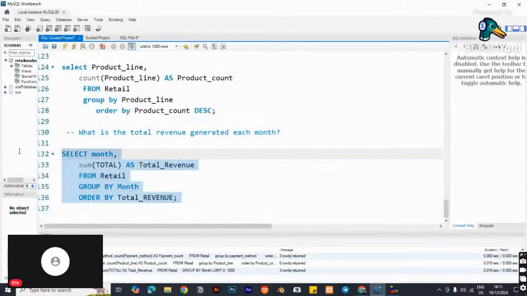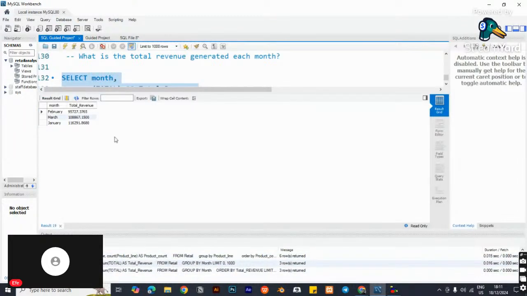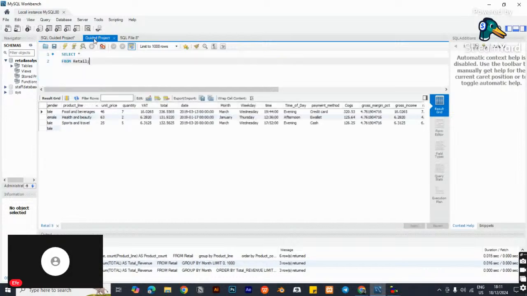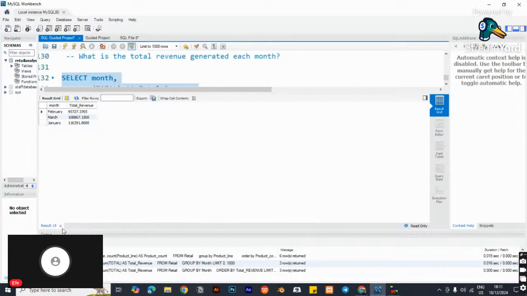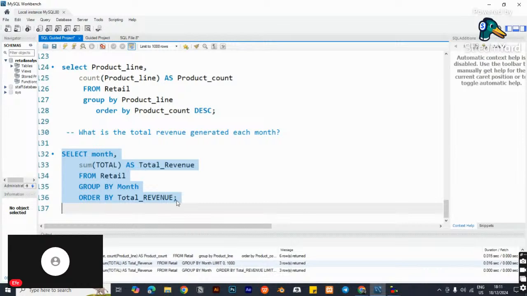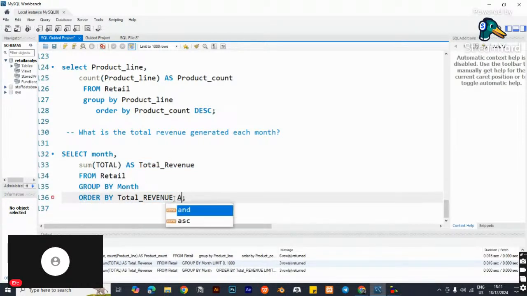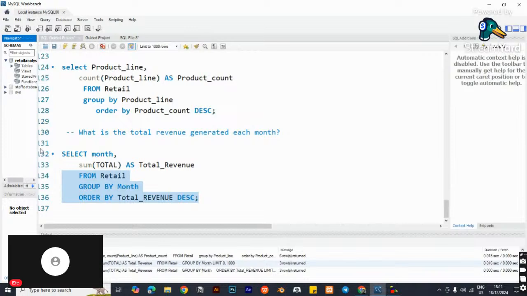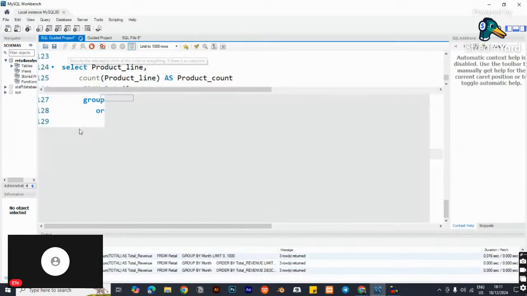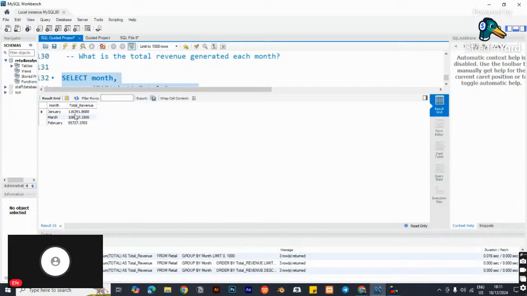Okay, so you can see this is by default descending order. By default, is it ascending or descending? Okay, descending. All right, so you can see January has the most sales revenue generated, followed by March, followed by February.